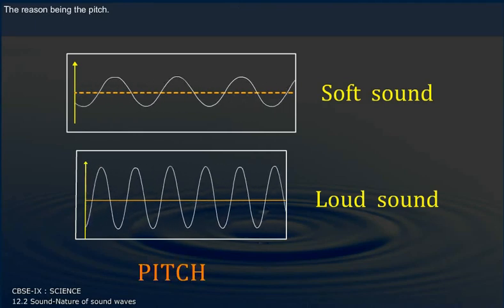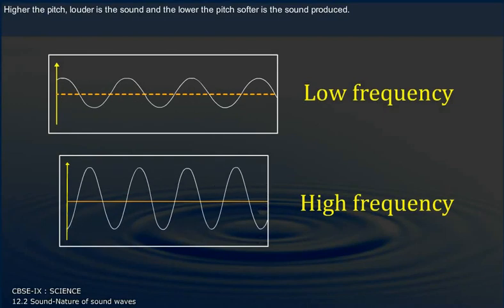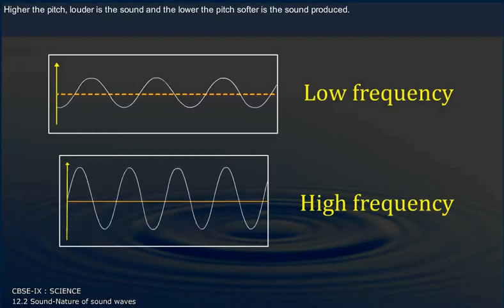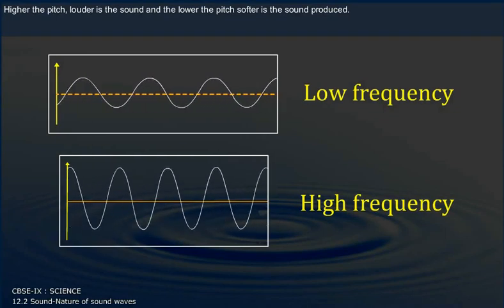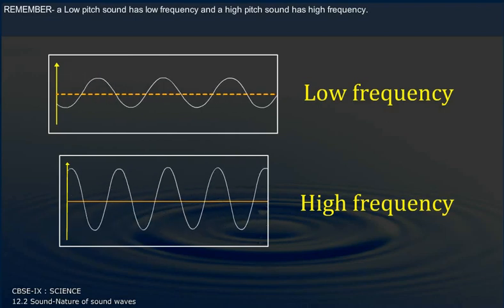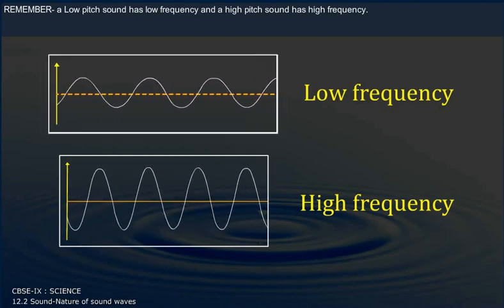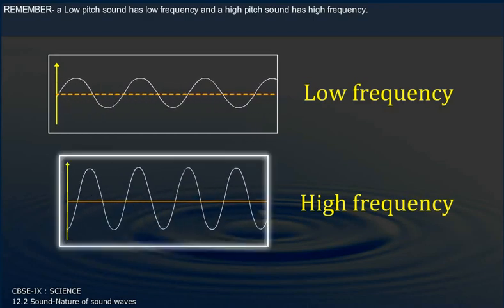The reason being pitch. Higher the pitch, louder is the sound. Lower the pitch, softer is the sound produced. Remember, a low pitch sound has low frequency, and a high pitch sound has high frequency.